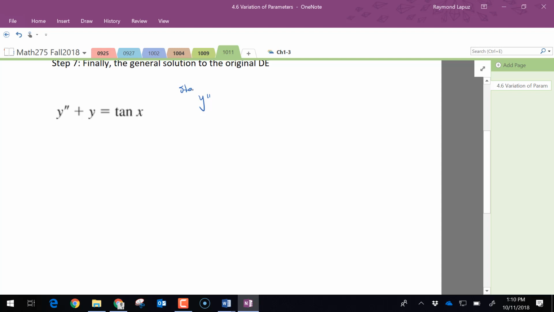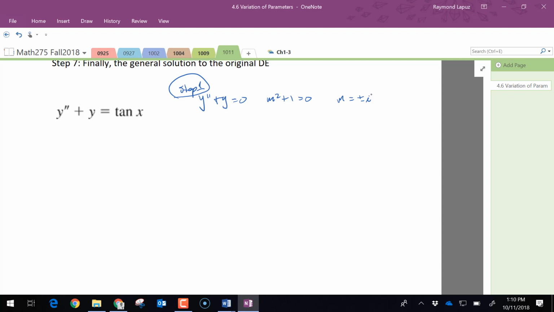Let's call it step 1. y double prime plus y is equal to 0. m squared plus 1 is equal to 0. m is equal to plus or minus i. So we have imaginary numbers here, which means we need to do the sine and cosine. Which one goes first? It doesn't really matter.